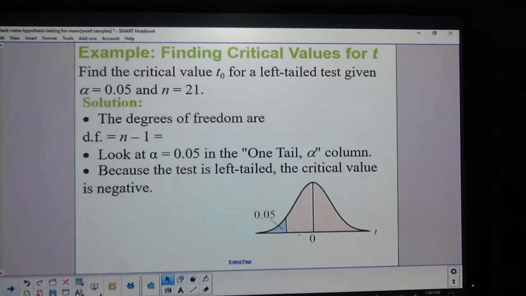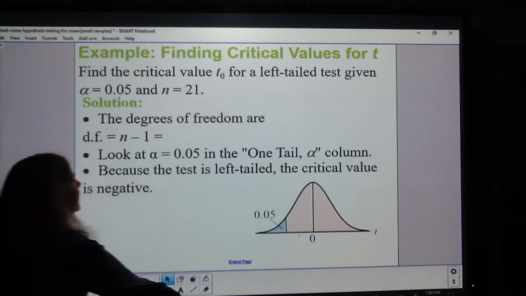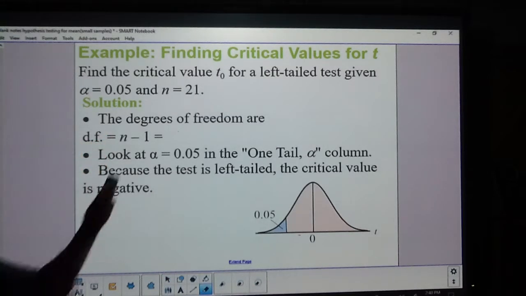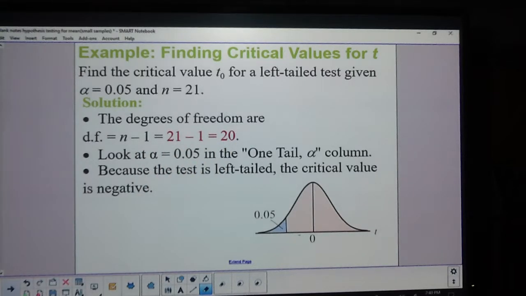So find the critical value, t sub 0, for a left-tailed test, given that alpha is 0.05 and n is equal to 21. Degrees of freedom then, 20. And let's do it in our calculators.